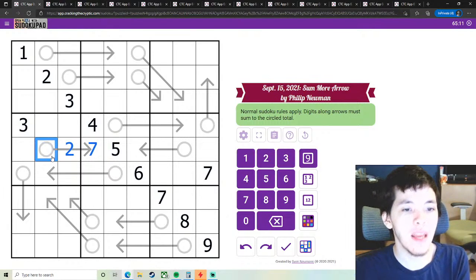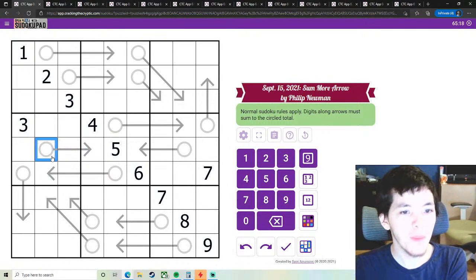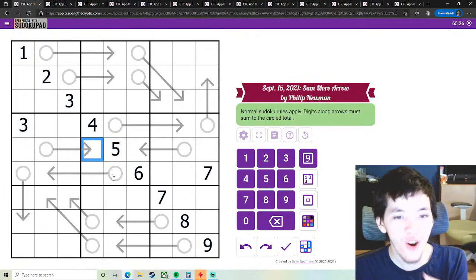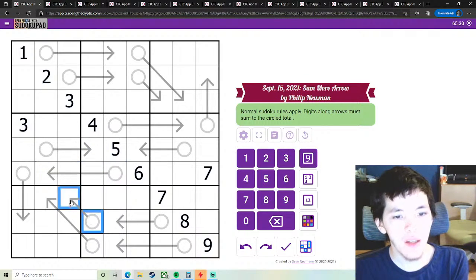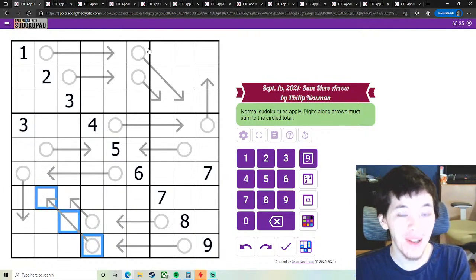But if I got rid of this 8 and put in a 9, that would once again be a valid possibility. As you can imagine, there are many different possibilities that could go in here. 4 and 2 to equal 6. So that is how this entire puzzle works. That's all you have to go off of. It basically adds new rules on top of what you already know about Sudoku.